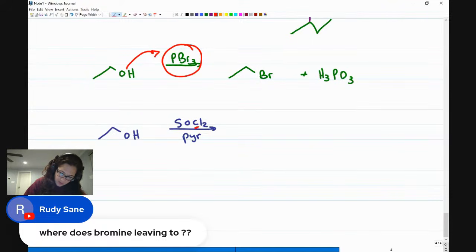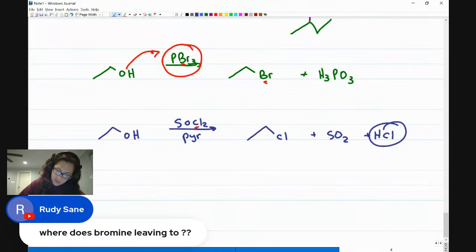So notice that this one had a bromine. I added a bromine. If I want a chlorine, I use SOCl2. And that means I will then have just a chlorine plus I'll get SO2. I'll get a mild HCl. And the reason I can show this is because the pyridine is going to balance it.